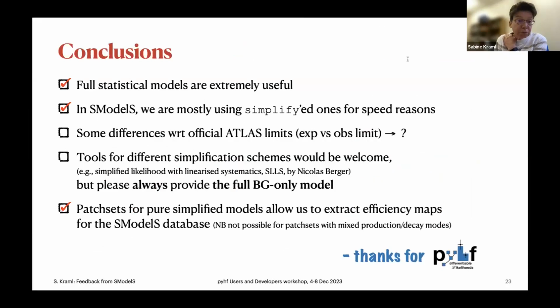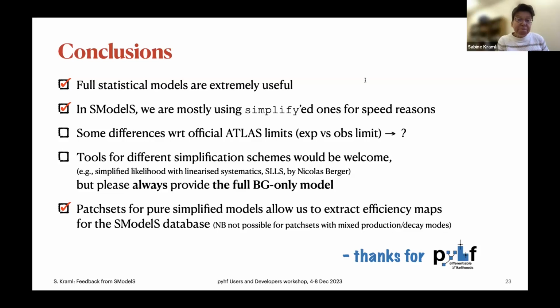Okay, that brings me to conclusions. So full statistical models are extremely useful. In SModelS, we make less sophisticated use than, for example, for the EFT fits, where you really need access to all the nuisance parameters.